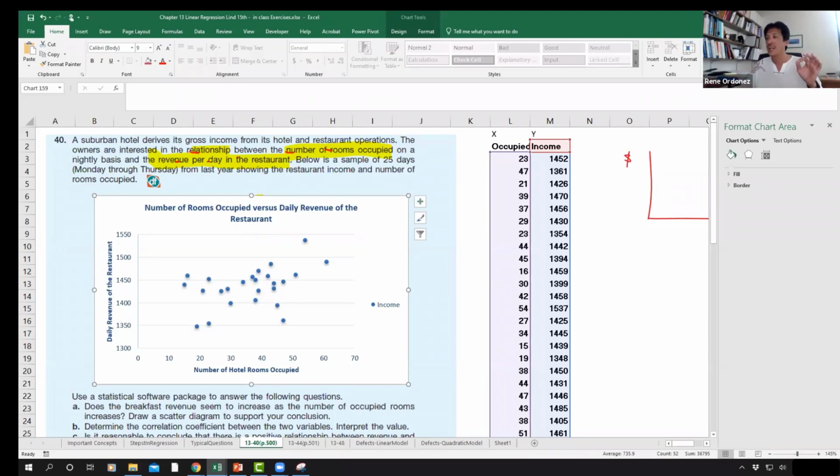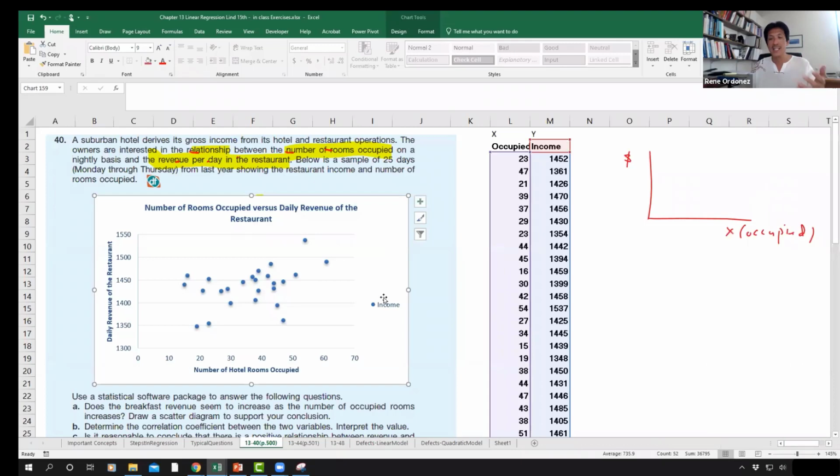But the point here is that when you are presenting a scatter plot, you want it to stand alone, so that anybody who's looking at the scatter plot will understand what the variables are in the plot. Good so far? All right.